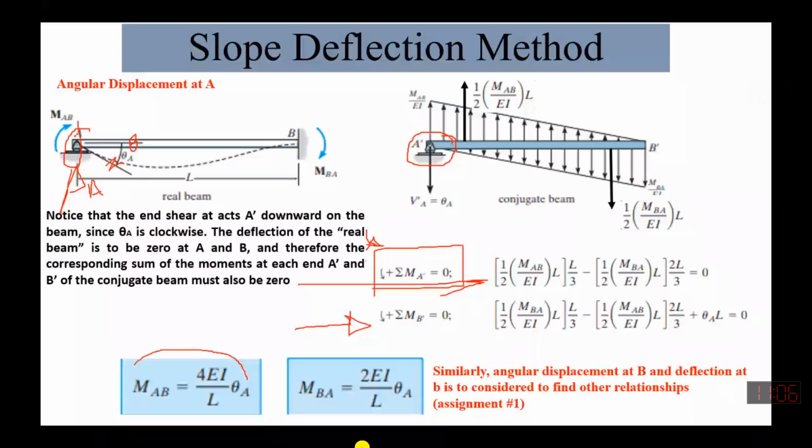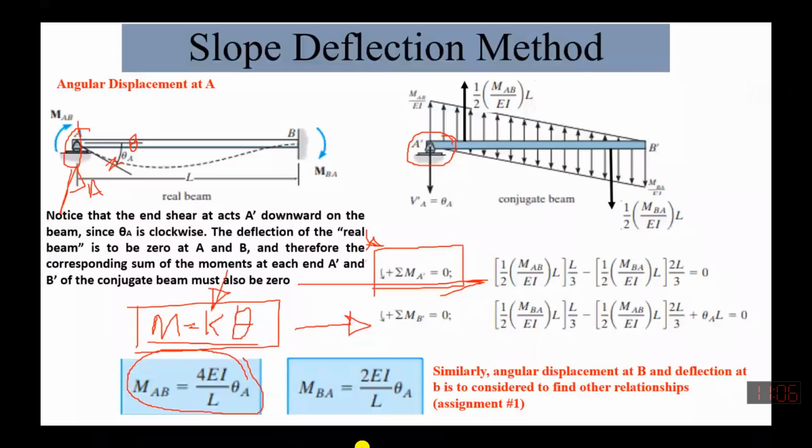If you go back and see your lecture, I've already explained over there. This is M is equal to K of theta. So this is a relationship between moment and rotation with stiffness. This K is basically a stiffness.